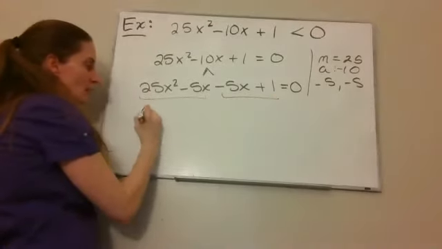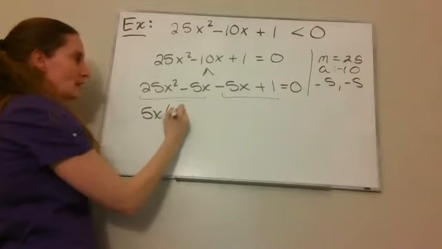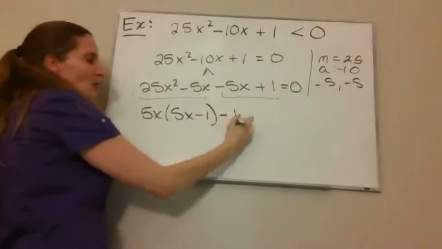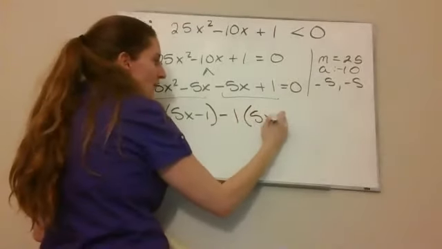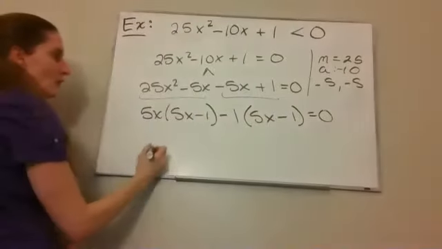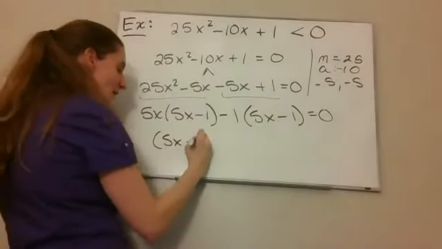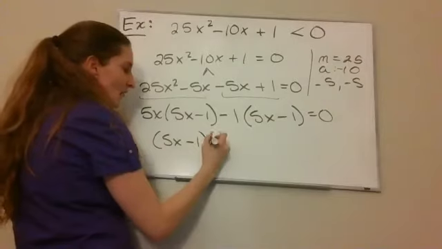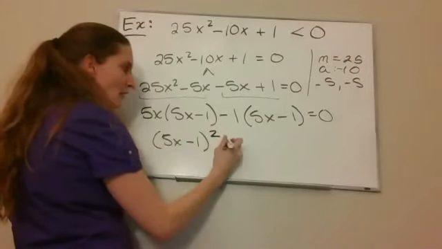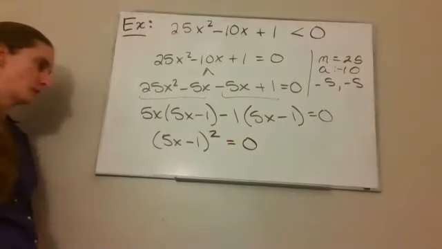Factor by grouping. I can pull out a 5x, leaving 5x minus 1. And I can pull out a minus 1, which gives me 5x minus 1. So fully factored, I get 5x minus 1 times 5x minus 1. So 5x minus 1 squared is equal to 0.